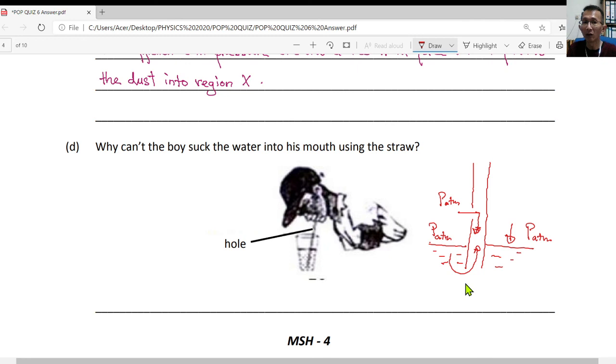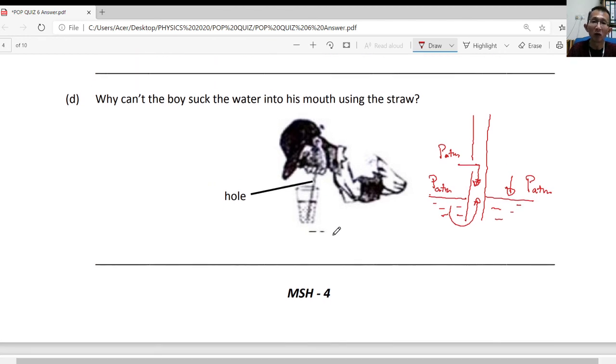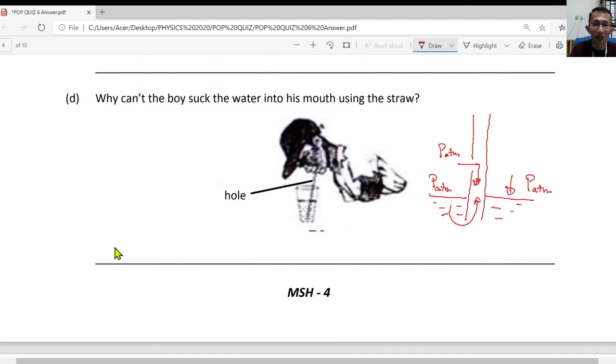Alright, so why can't the boy suck the water into his mouth using the straw? Simple, it is because the pressure in the straw is equal to the atmospheric pressure.